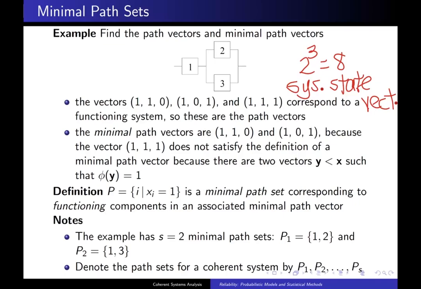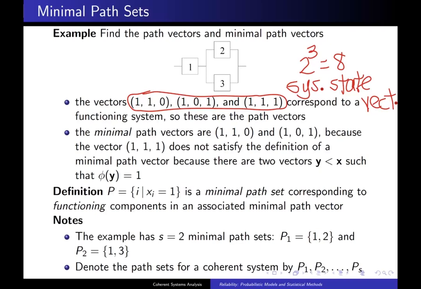So you know that that's the case. And of those 8 possible system state vectors, these 3 right here correspond to an operating system, which means the other 5 system state vectors correspond to a failed system.